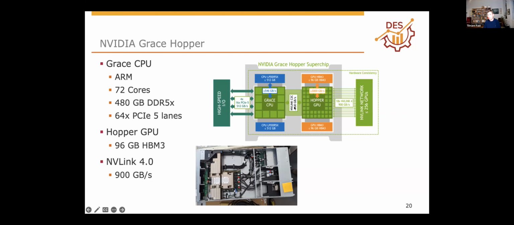This is also why a lot of people thought using the GPU for data processing doesn't make much sense, because this is where we're always stuck. But as soon as we have NVLink with 900 gigabytes per second, then it actually makes sense to use the GPU and use this high bandwidth.